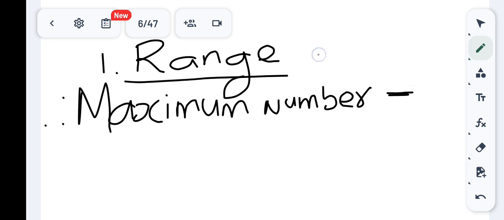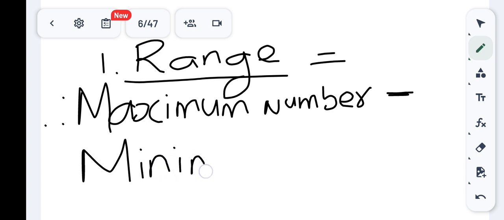So range is therefore equal to maximum number, that is the highest number, minus lowest number, which in this case is called minimum number or minimum value.